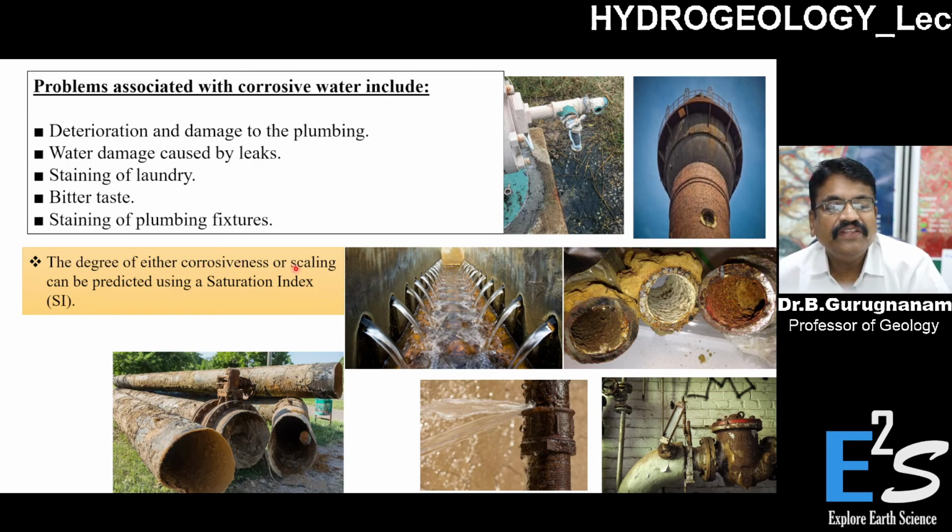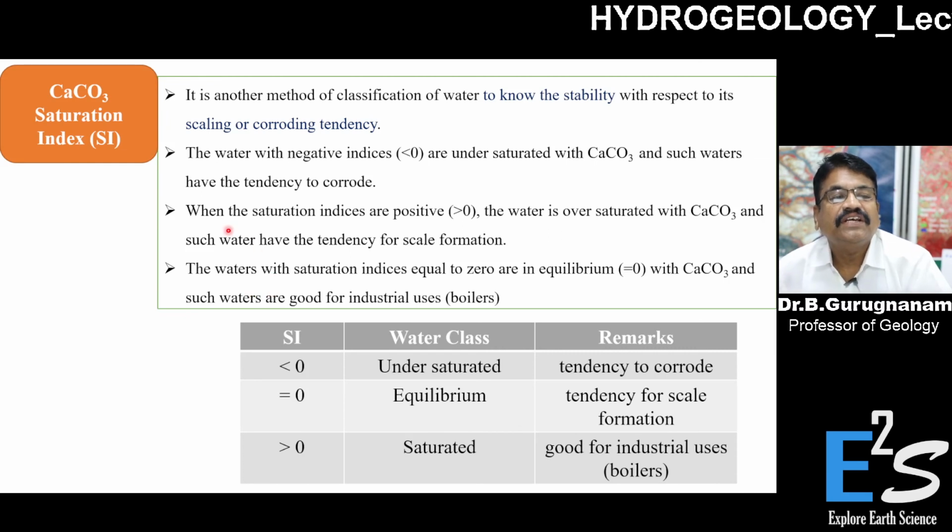The degree of corrosivity is calculated by the saturation index. CaCO3 is mainly used for the saturation index. It is another method of classifying water to know its stability with respect to scaling or corrosion tendency. Water with negative indices, that is less than 0, is undersaturated with CaCO3, and such waters have a tendency to corrode.